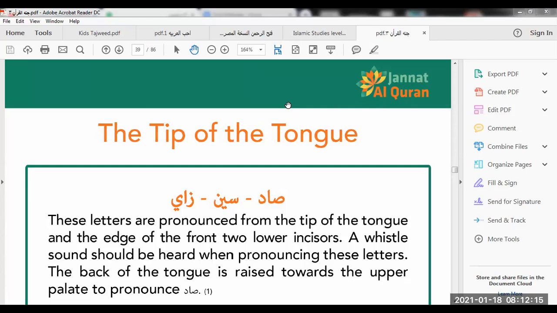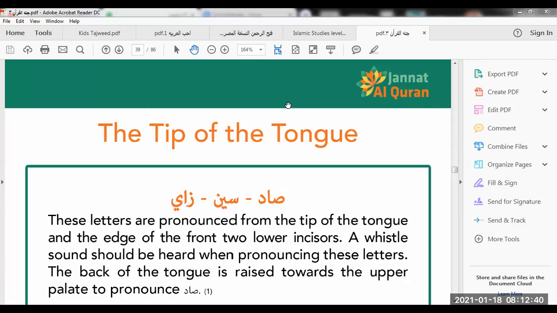Our lesson today, inshallah, is about the second group of the tip of the tongue. This has three letters in one specific articulation point: sad, sin, zay.